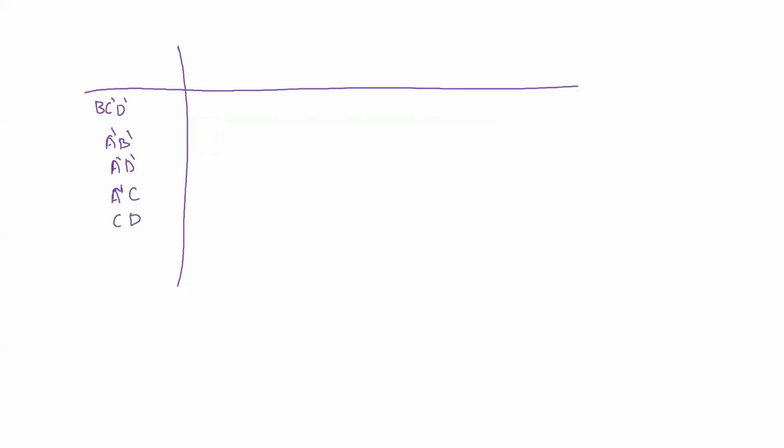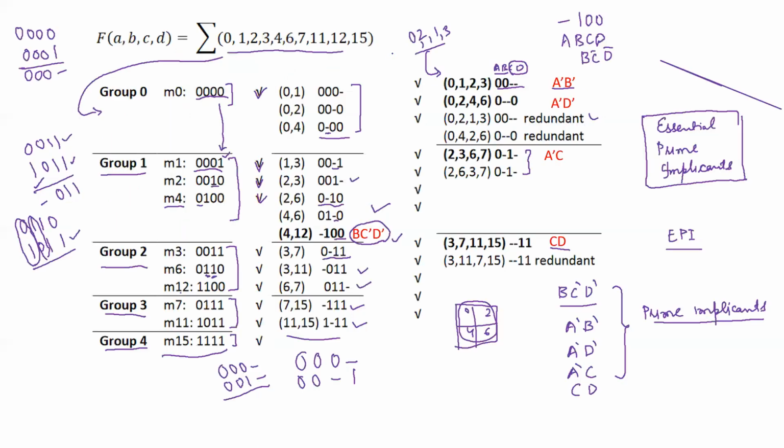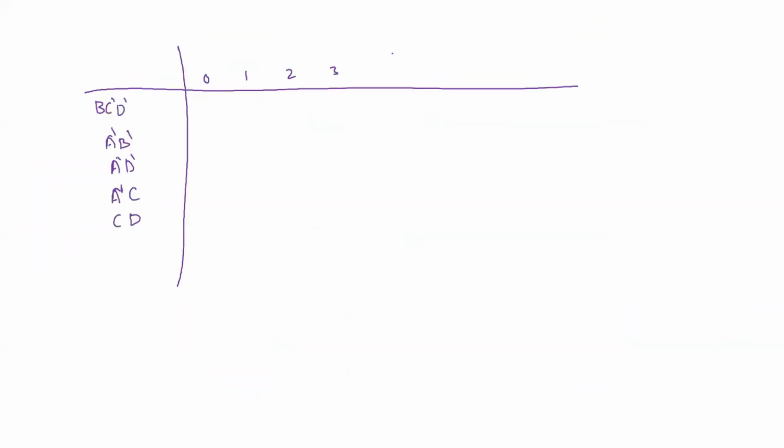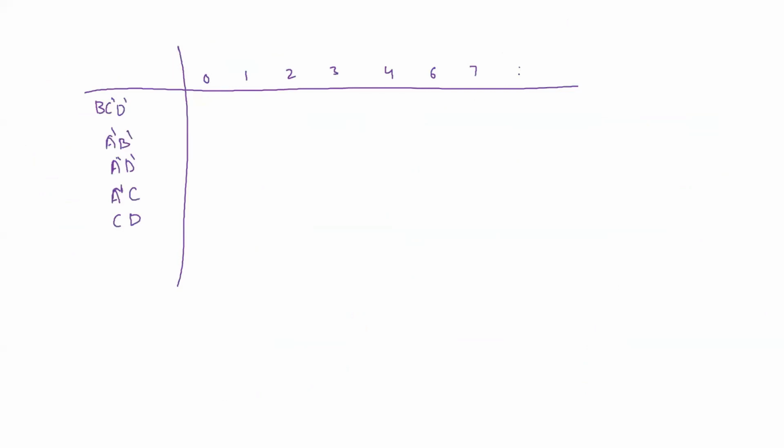Along with that, here you will write down all the min terms: 0, 1, 2, 3, 4, 6, 7, 11, 12, 15.